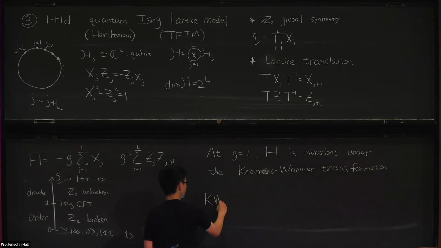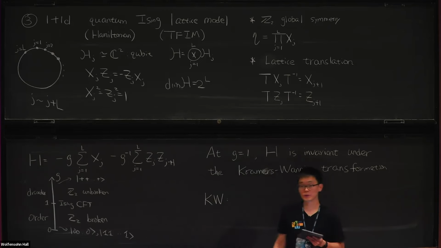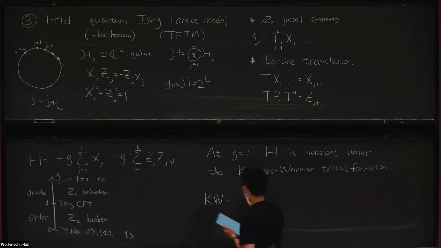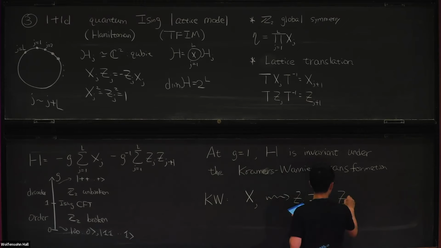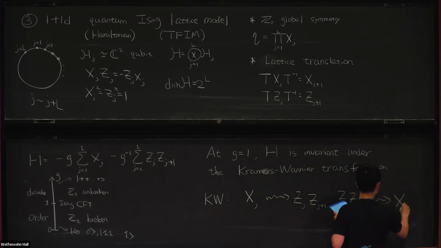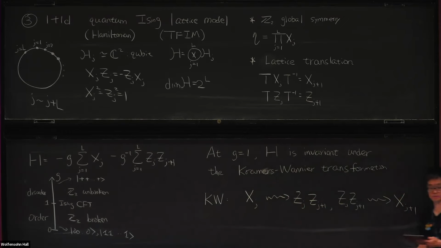So what is the Kramers-Wannier transformation? The Kramers-Wannier transformation says you map your X_j to Z_j Z_{j+1}, and Z_j Z_{j+1} to X_{j+1}.